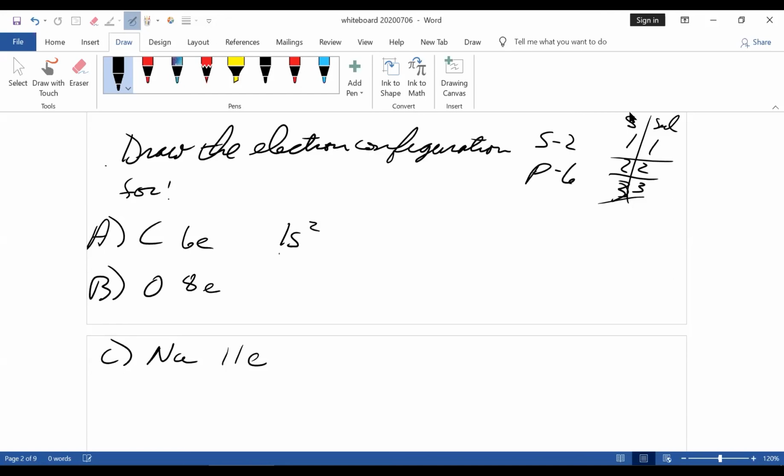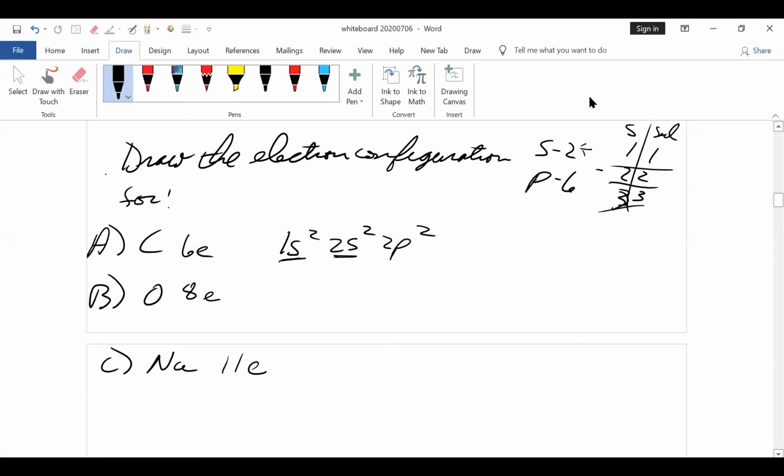I only have 1 subshell. I filled it up. I go to shell 2. And the first one is 2s. I can put in 2 electrons. I have 2 more. 2s can only take 2 electrons, and therefore I go to 2p. And this now goes to 2 electrons. And being the nice person I am, I'm going to let you try the others.